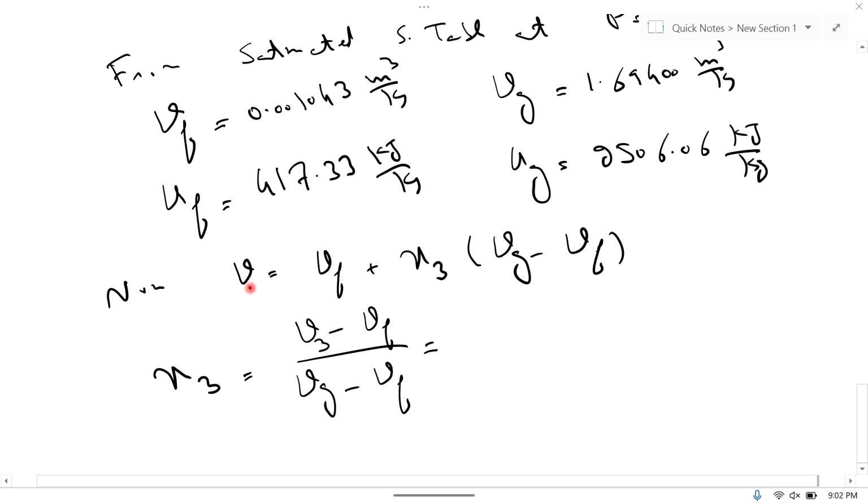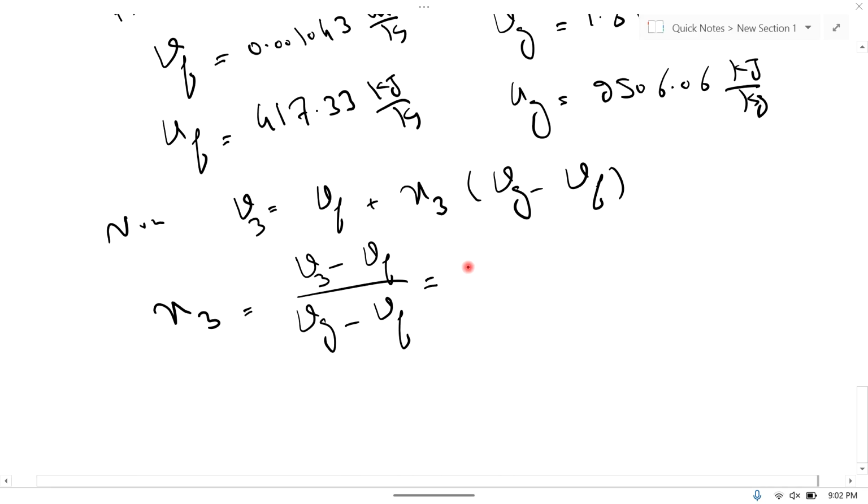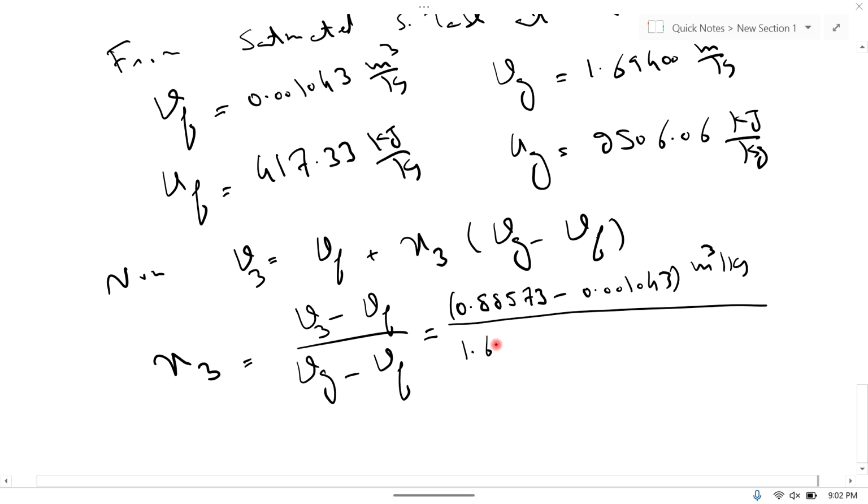So x3 is 0.88573 minus 0.001043 meter cube per kg, divided by 1.69400 minus 0.001043 meter cube per kg.